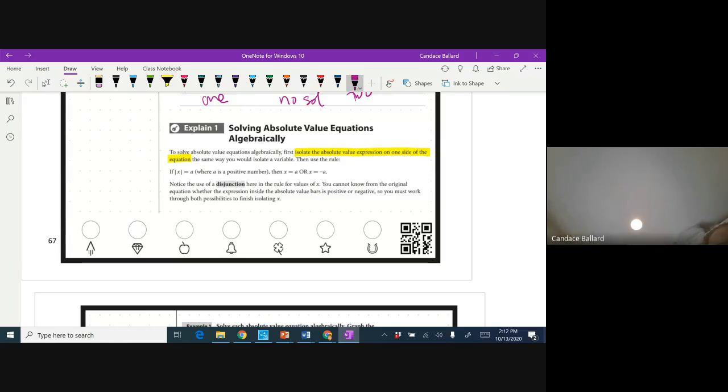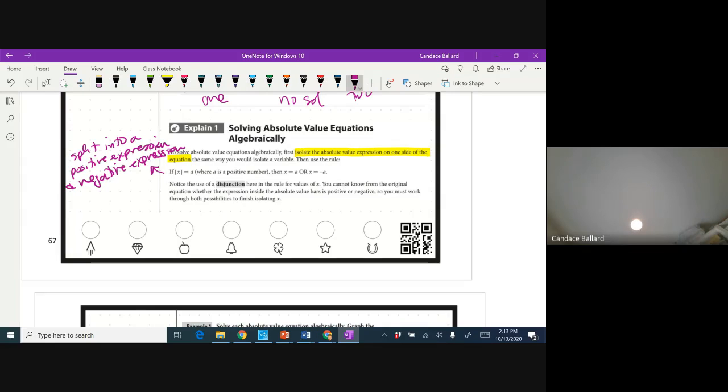So what I'm going to say on that piece there is that we're going to split it into a positive expression and a negative expression, and I'm saying it weird on purpose so you remember it, okay?